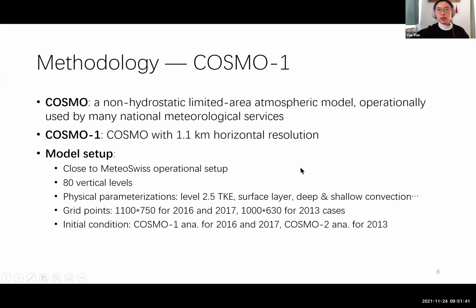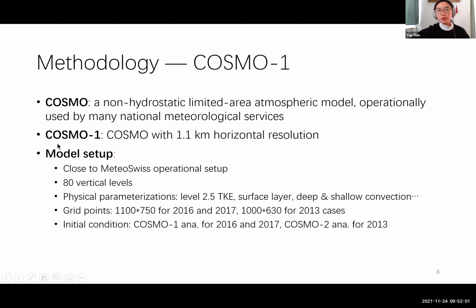So we are using the COSMO model. It is a non-hydrostatic limited area atmospheric model, and it is used operationally by many weather services in Europe. And by COSMO-1, it means COSMO with 1.1 kilometer resolution.